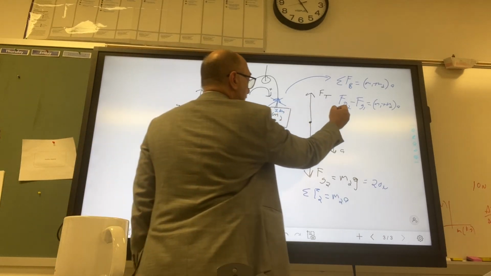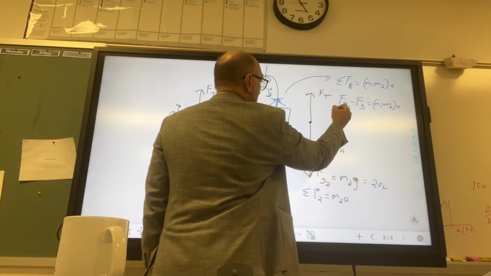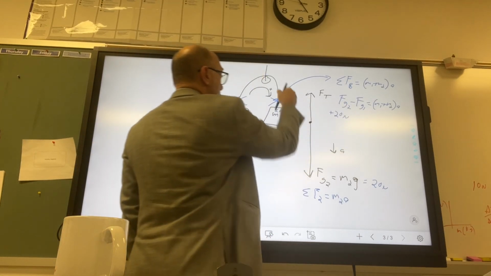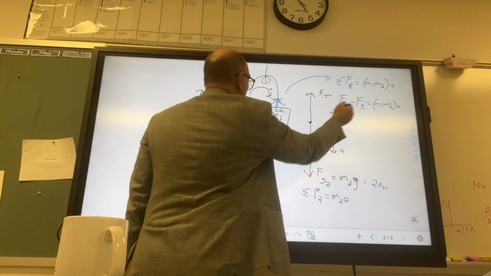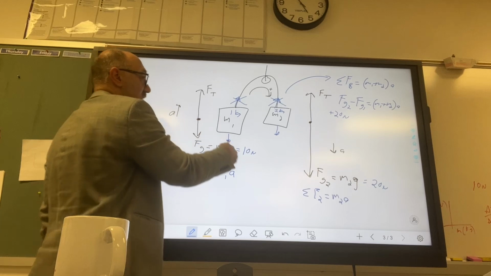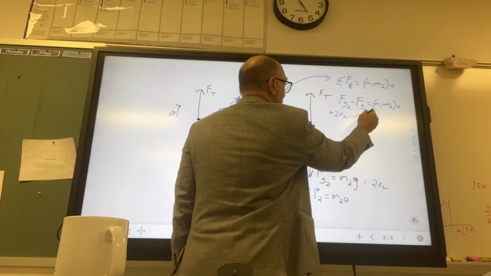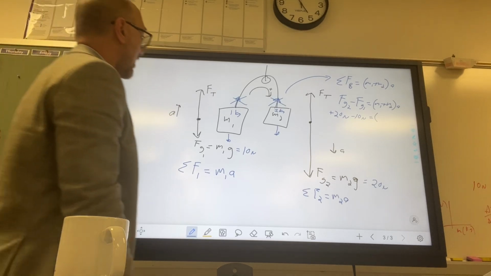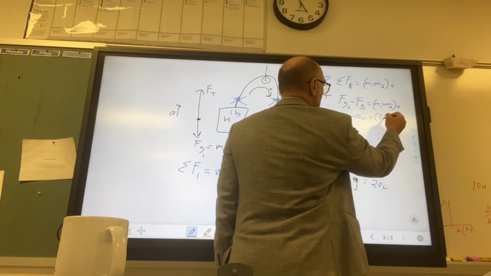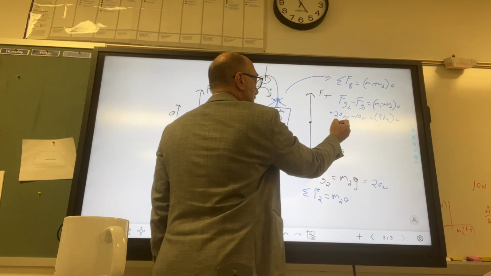So if I come up to here, I've got positive 20 newtons because for him, positive is down. And then for him, positive's up, so negative 10 newtons equals, and my two masses added together is going to be 3 kilograms times A. So what do I get?